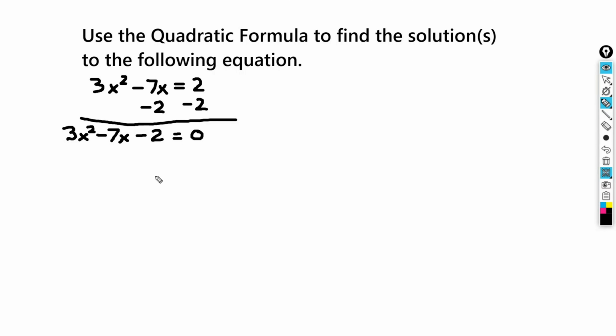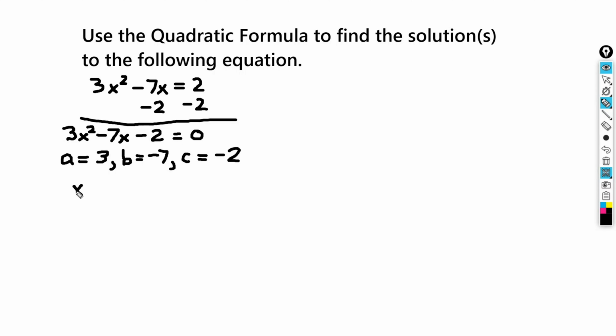Okay, so we've got it in the form ax squared plus bx plus c equals 0. We've got to identify a, b, and c. So a is equal to 3. b is equal to negative 7. And c is equal to negative 2. Okay, from here, let's plug into the quadratic formula.